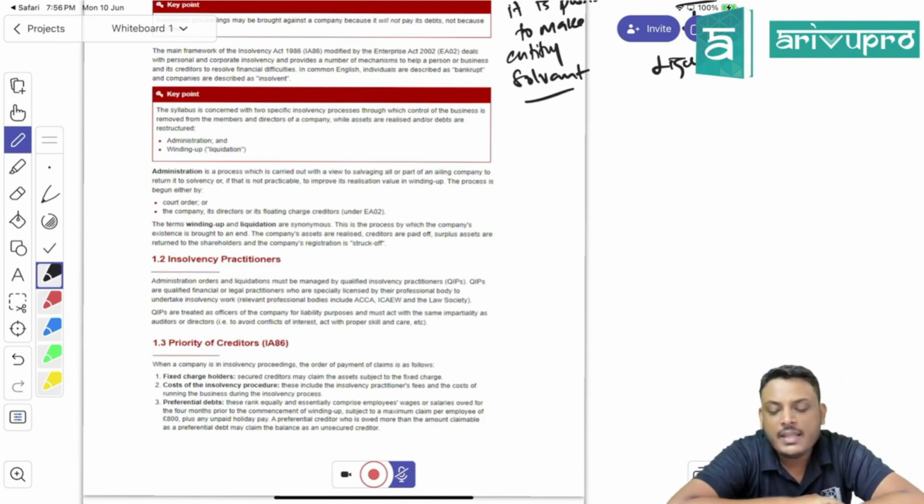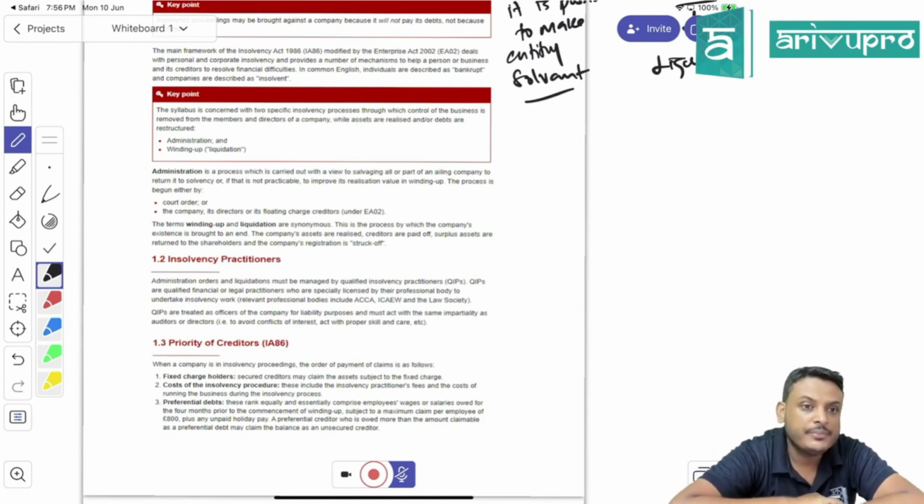It can be ACCA, it can be Law Society or CA. That's why I told you most of the time these people are solicitors. Lawyers are also appointed as liquidators. Is that clear? Understood?